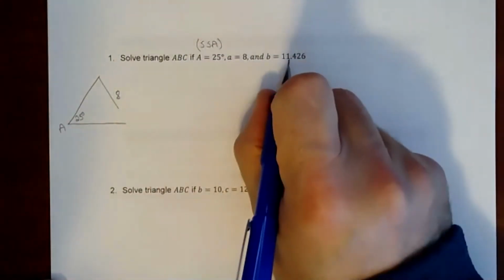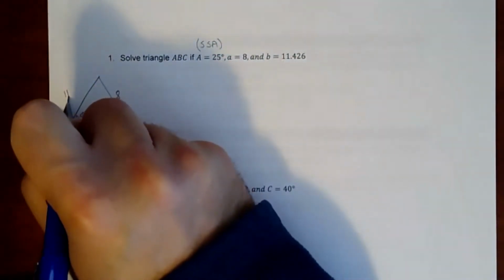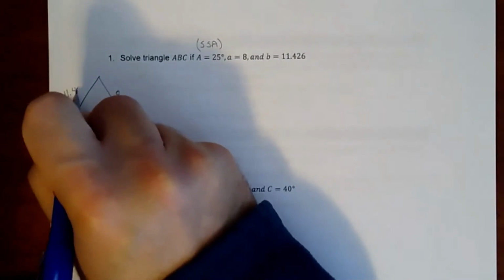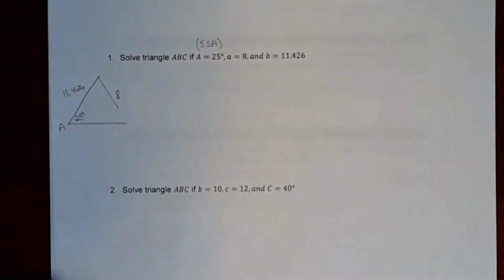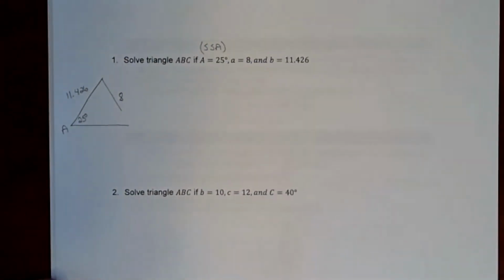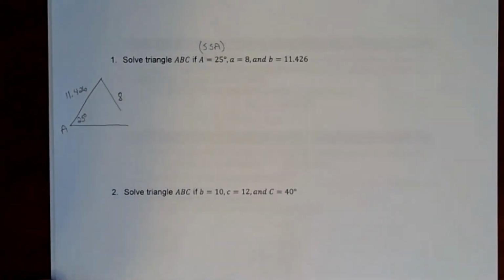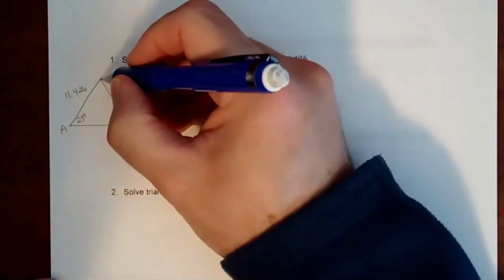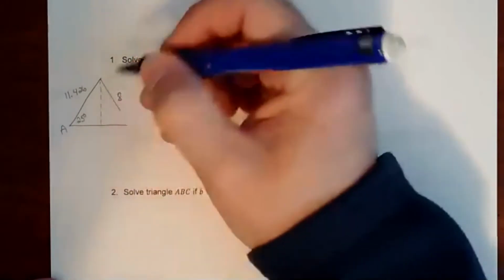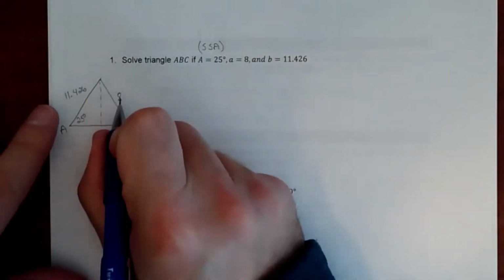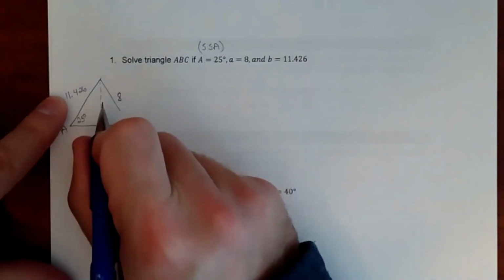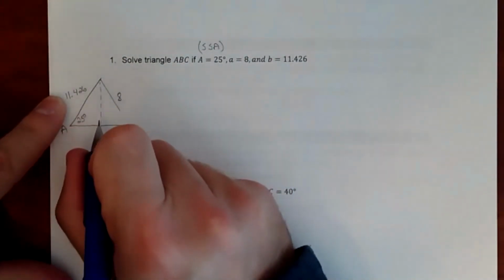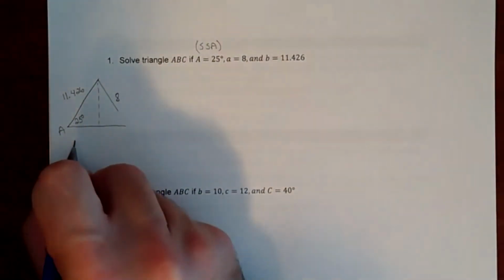First thing is I'm also going to label my other piece, whatever number or letter it is. But this is the one that we've got to figure out the magic on, the Goldilocks. What I need to compare this to is the height. I want to see if this is in between this one and the height.